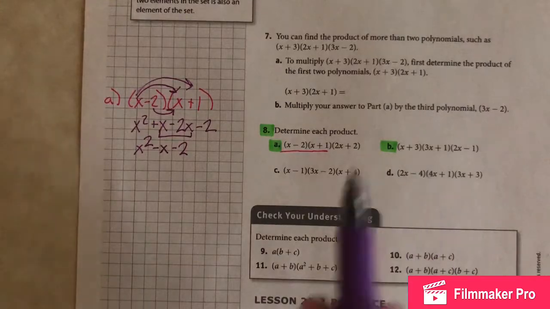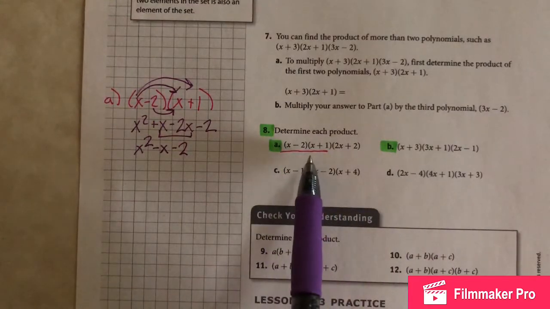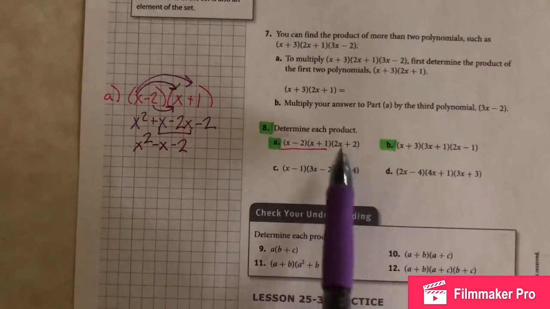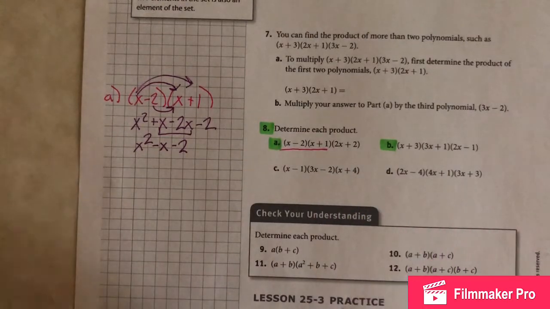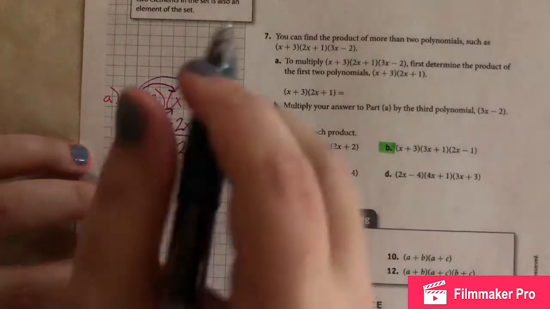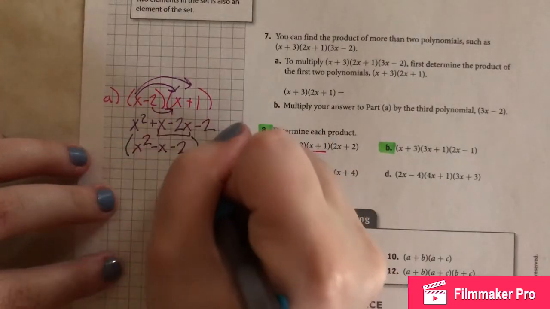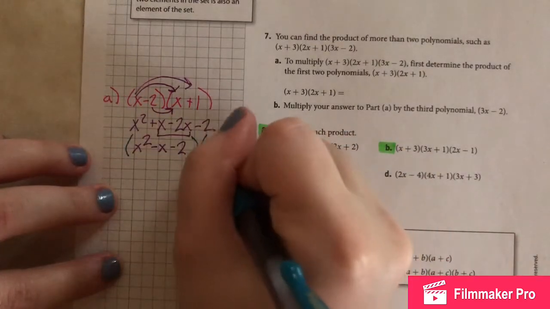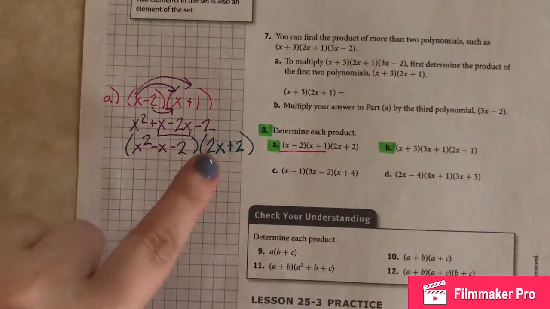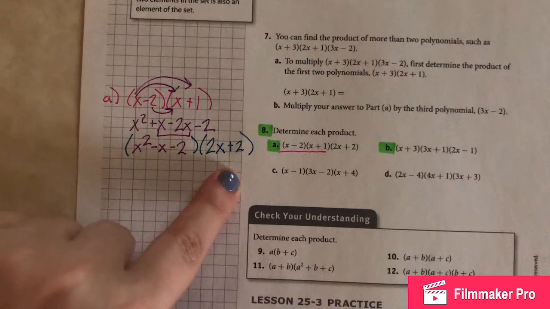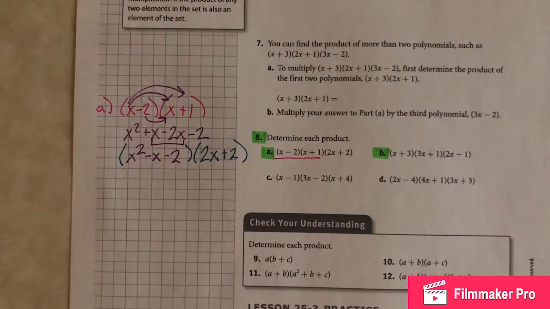So we just multiplied the first 2 binomials together. Well, now we got to multiply it by this third binomial. So I'm going to put my answer in parentheses and we'll put in parentheses on the side 2x plus 2, that third binomial.